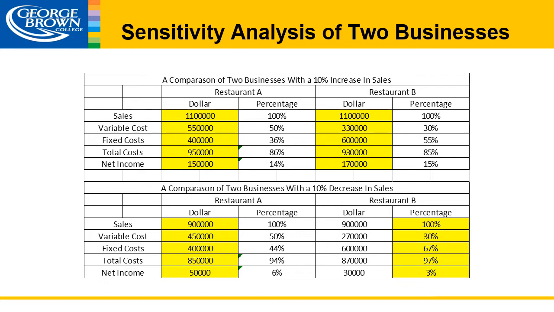We want to know how these two businesses differ in performance in different sales contexts, so increases or decreases in sales. The first table is a comparison of the two businesses with a 10% increase in sales. We've increased sales by 10%, and we want to look at how the net income has been affected.